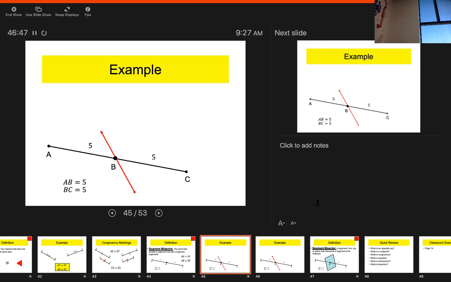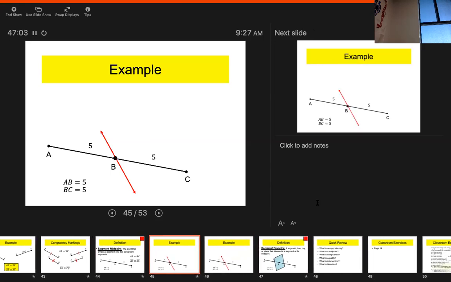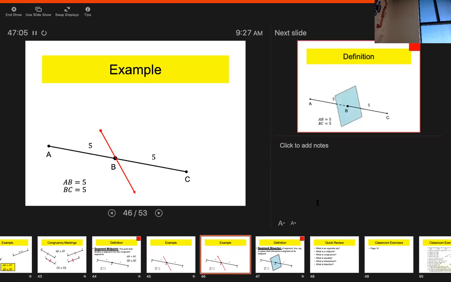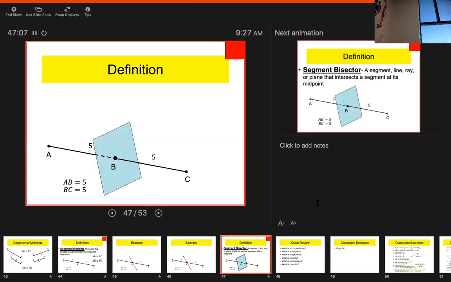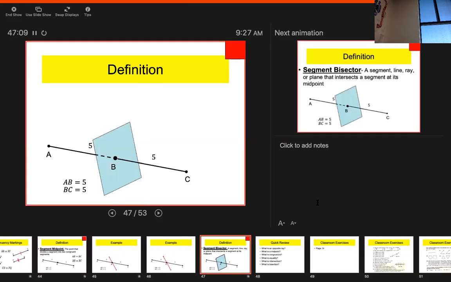Now, is a line the only thing I could have drawn right here? What else could I have drawn? I could have made it a ray. I also could have made it another line segment, and I also could have made it a plane. So it could have been a line, a ray, or a plane. Last one, and we're done.